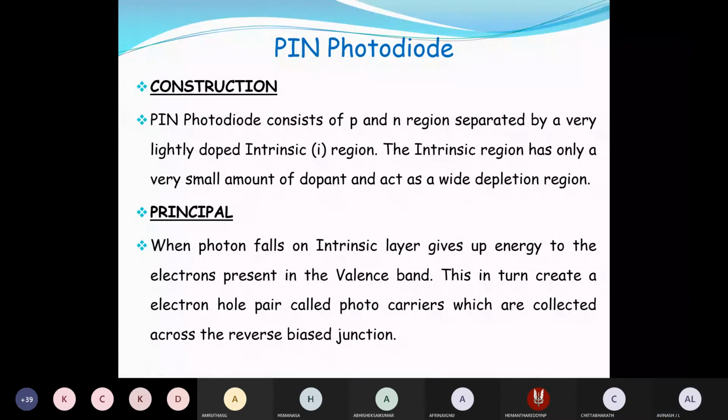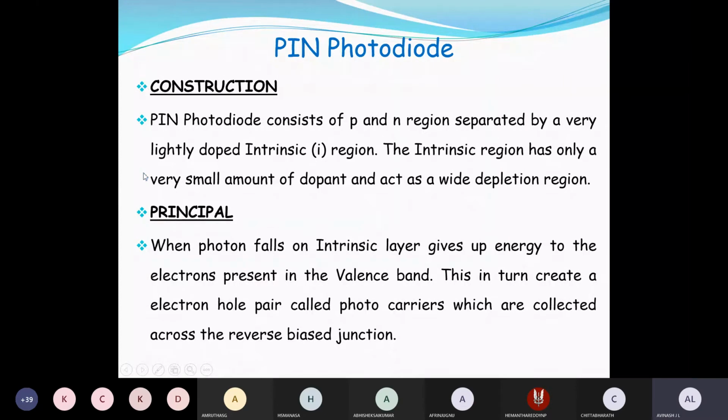So your construction: a PIN diode consists of p and n regions separated by a very lightly doped intrinsic region, I. In this particular intrinsic region only ionization is going to take place.